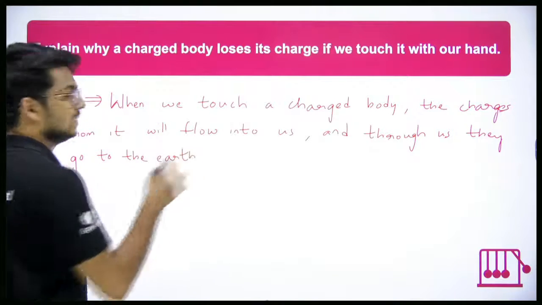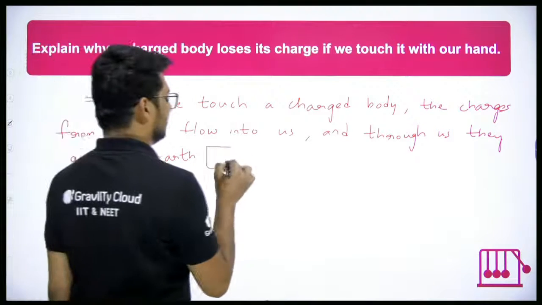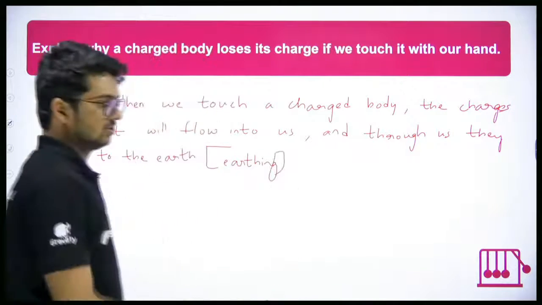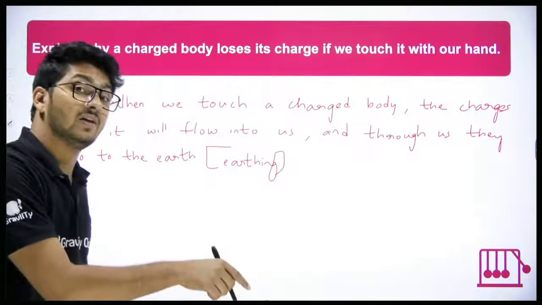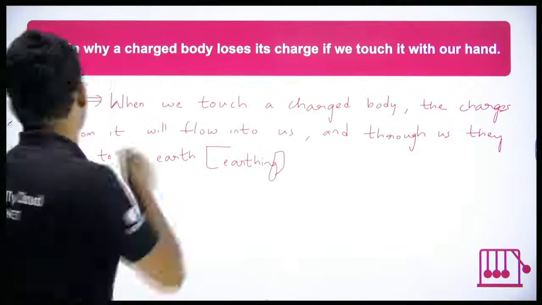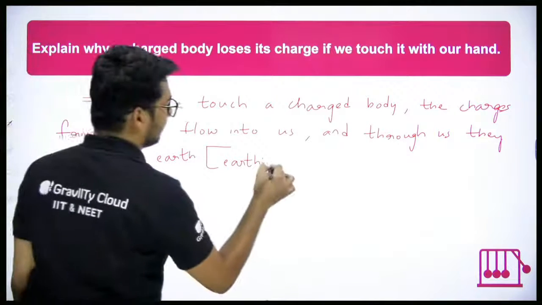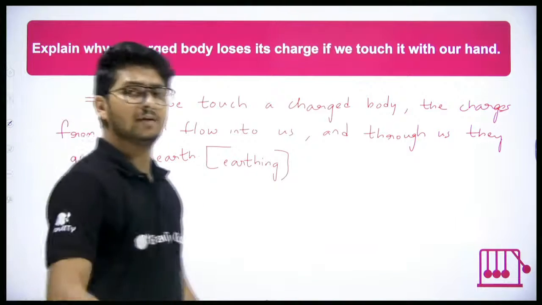What is this principle called? Transferring charges to the earth is called earthing. So we enable earthing by touching it. If you touch a charged object, charges can flow into our body. Where will they go? They will go into earth. Is that clear? Earthing is a very important phenomenon, a very important principle.